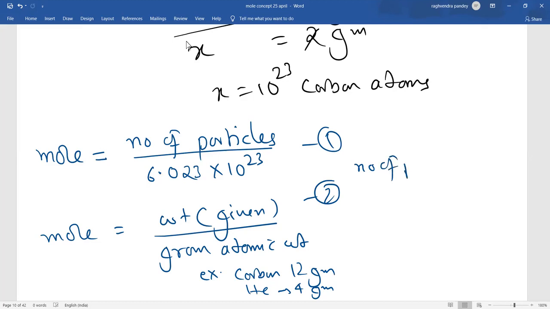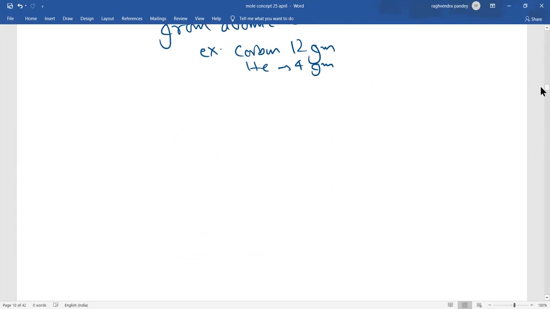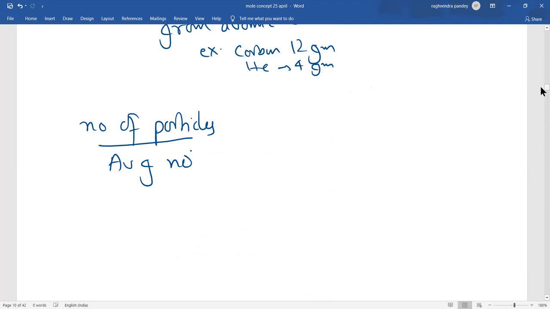When you equate them, this will come. Number of particles divided by Avogadro number, which is 6.023 into 10 to the power 23, is equal to weight, which is given to you, divided by the gram atomic weight.